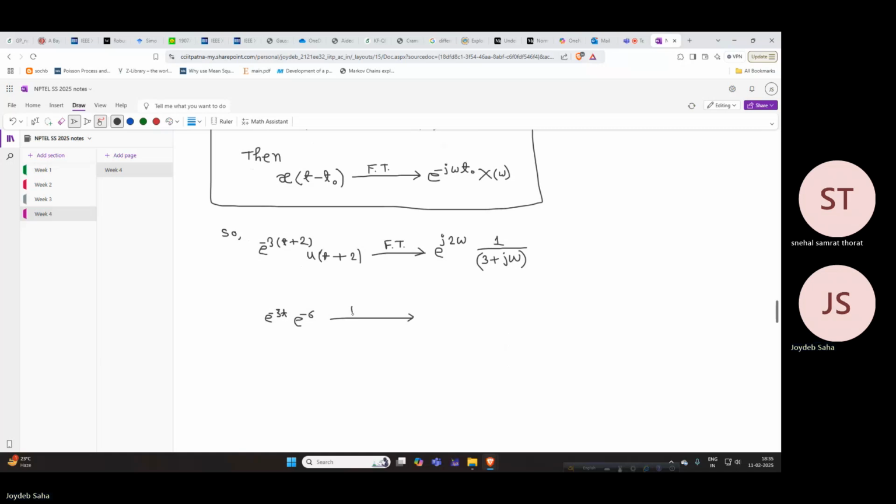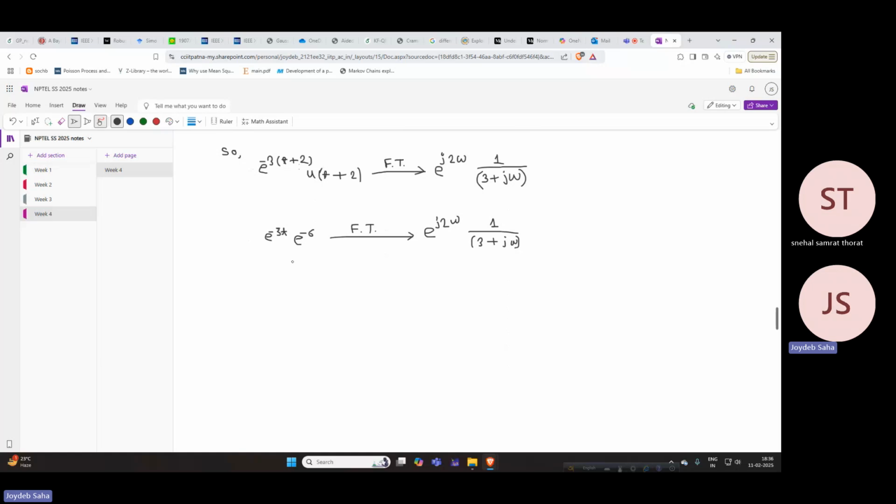Its Fourier transform is e to the power j2 omega times 1 upon (3 plus j omega). Now multiply both sides with e to the power 6.